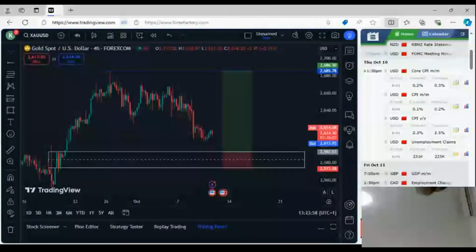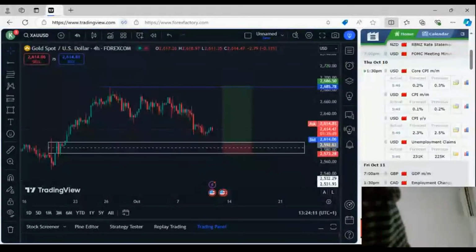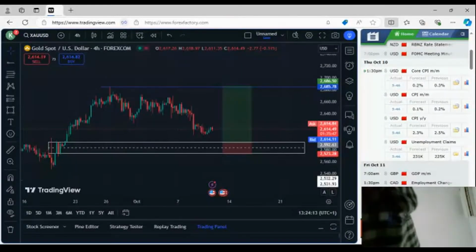I'm looking at buying the gold at that area, but it's a whole lot of risk. I talked about this. So we have 5 minutes to go on the Euro USD news and unemployment claims.